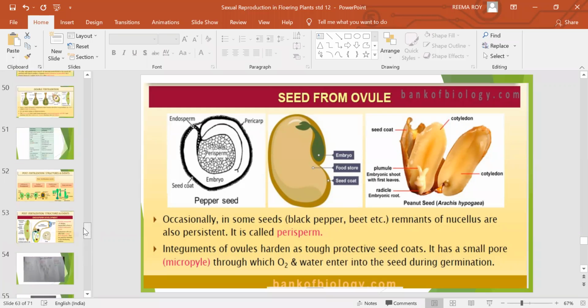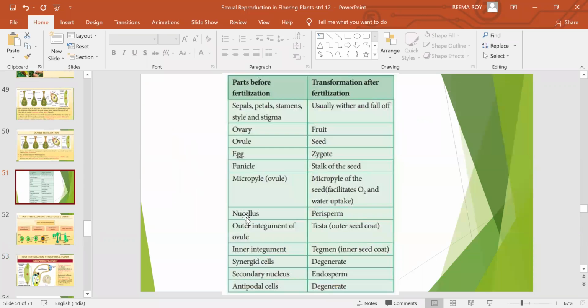In the very first diagram, it was saying the nucellus will form perisperm after fertilization, if it persists. Okay.